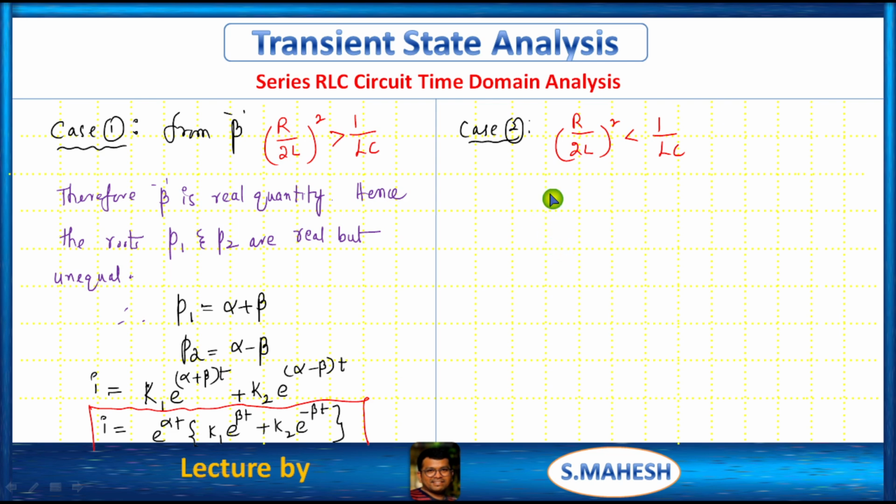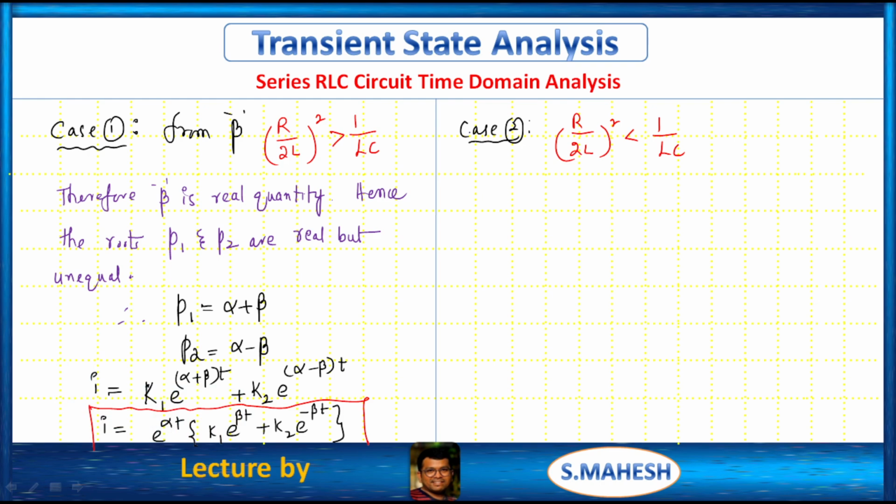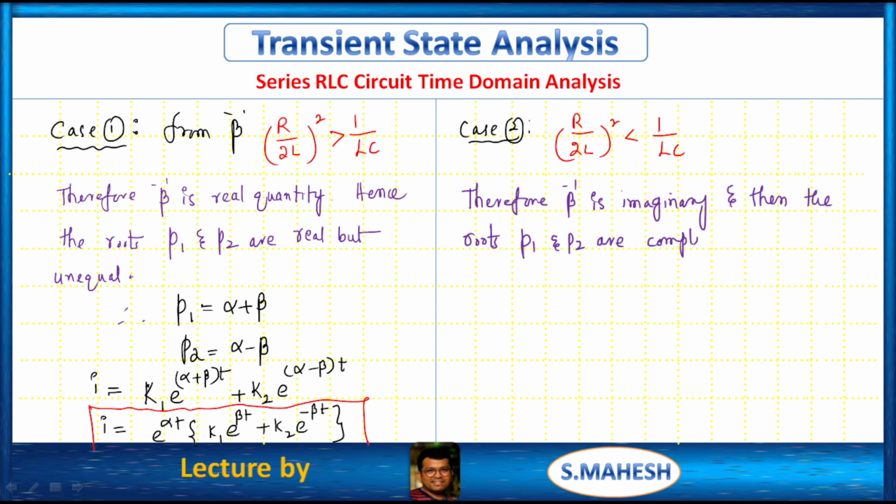Obviously we will get complex numbers, right? Therefore we can say that beta is imaginary and then the roots P1 and P2 are complex conjugate.